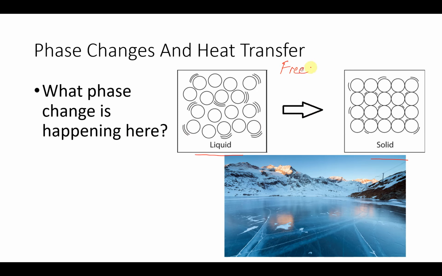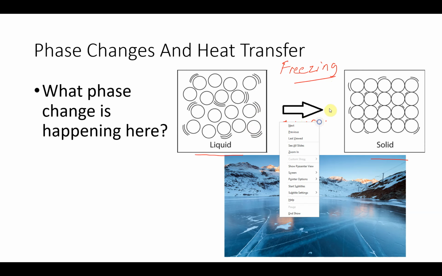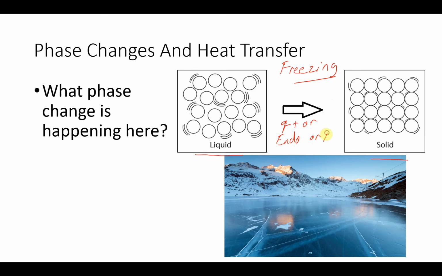And it seems like there should be a fancier science term than that, but it really is just called freezing. So if we were going to try to figure out, is Q positive or negative here during this phase change, and is it endo or exothermic? The answer is, don't just guess at it, draw some particles.